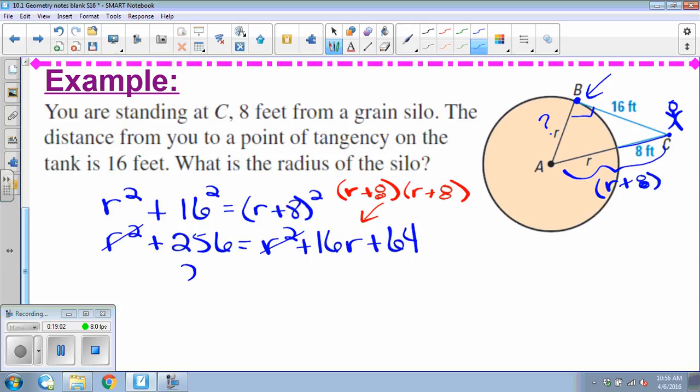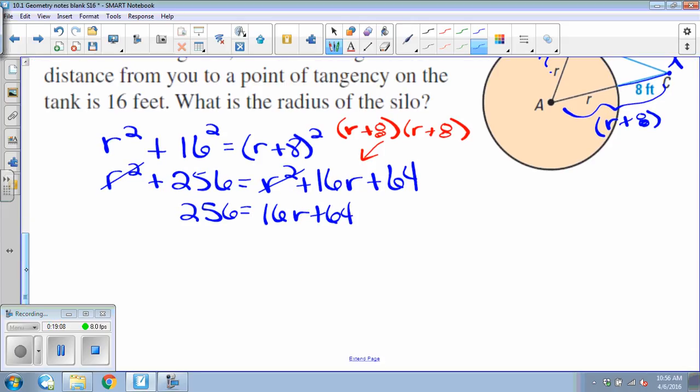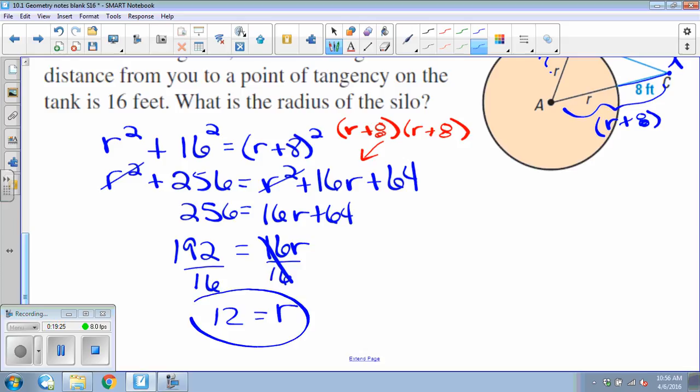So I just have 256 equals 16R plus 64. Once you subtract 64 from both sides, you get 16R equals 192. Divide by 16, and R equals 12. Okay? R equals 12. Okay. Any questions?